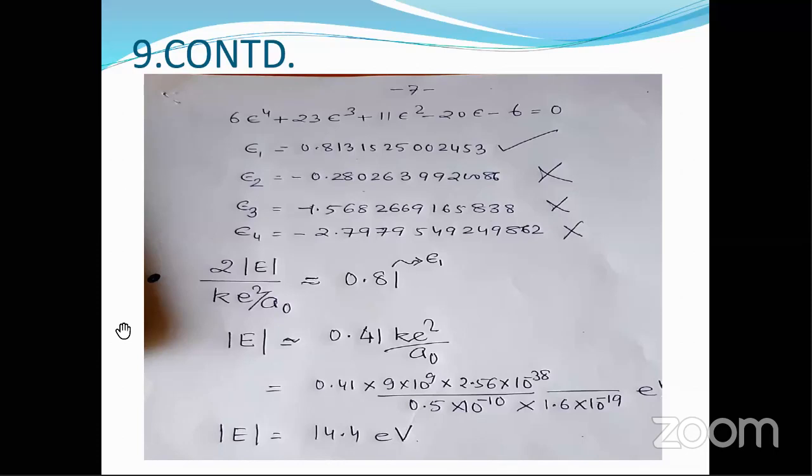That energy I find to be 14.4 electron volt after substituting the value of k e square upon a naught, etc. Now of course, this is the absolute value of energy. So the actual value of energy will be minus 14.4 electron volt as per my calculation. Now my students must be knowing what the actual value of this energy is. How many electron volt?